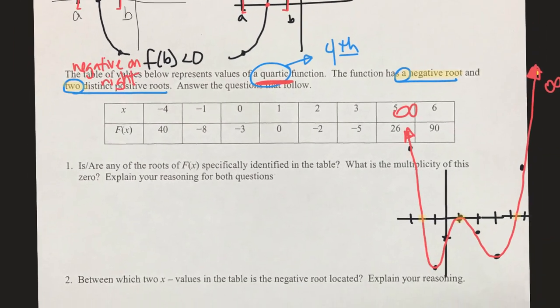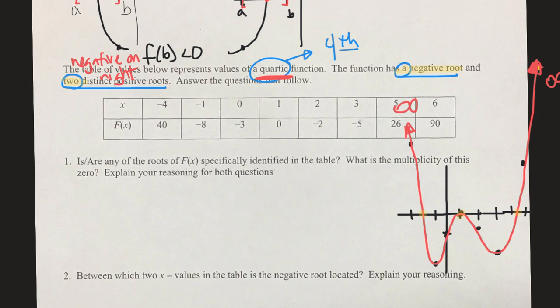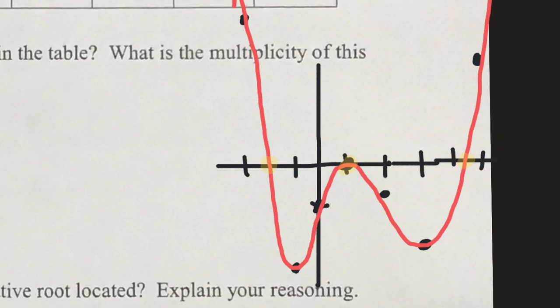Which means, what can we say about the multiplicity? Going back to multiplicity, if we have one negative root and 2 positive roots, but they have to add up to 4, one of those roots has to have a multiplicity of 2. So that's where we get here with this graph.